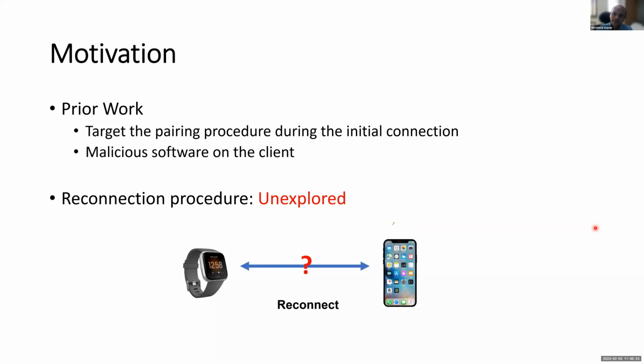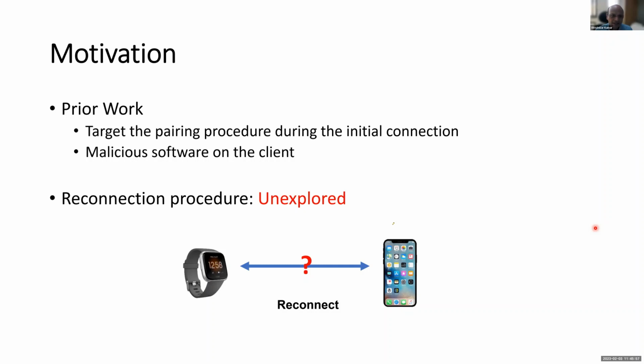Although the first time when you are pairing and connecting, you utilize OTP and different techniques to make sure that you are securely establishing the connection between the two devices, during the reconnection, it is automatic. There is no user involvement in this reconnection. So what we wanted to do was look into this reconnection procedure and see if there are some security vulnerabilities there. And why would the security vulnerabilities be present there?